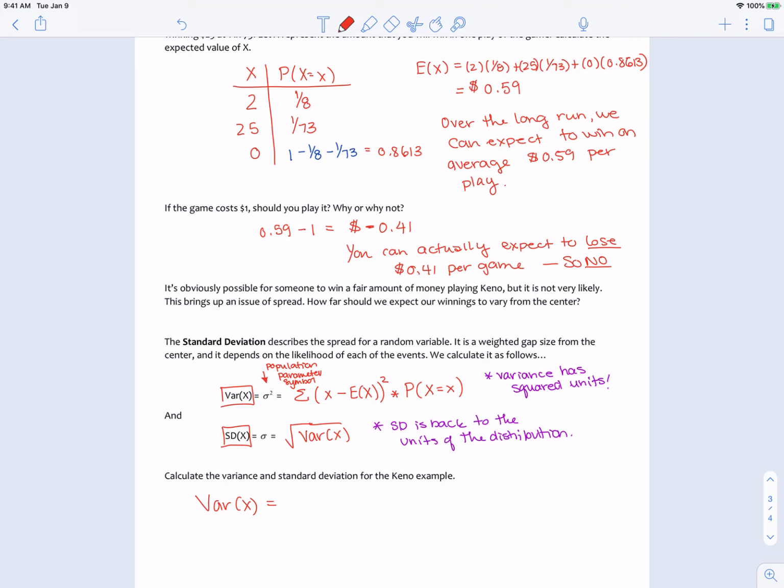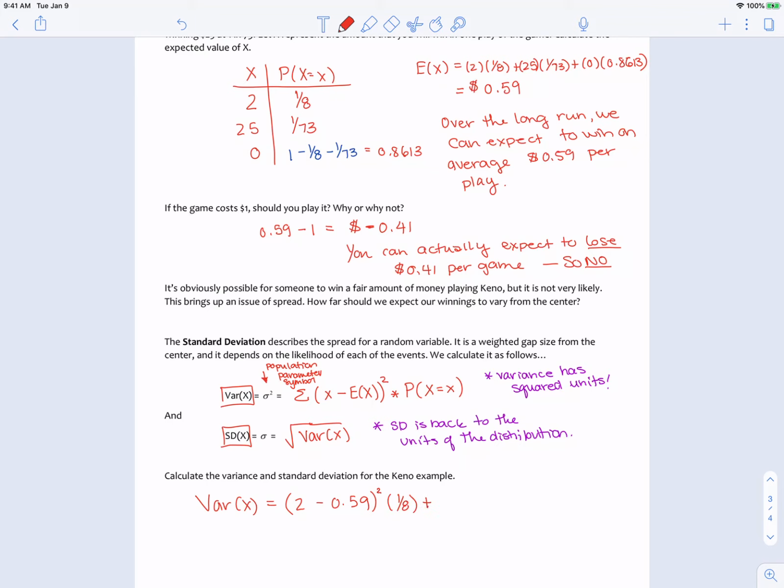All right, so the variance is going to take each individual value x. I'm going to start with 2, and we're going to subtract from that the expected value. E of x was 0.59. That was positive, so we keep that negative. If we had an expected value that was negative, then that would change the sign in this portion of the calculation, right? And that's going to be squared times the probability of that outcome, which was 1/8.